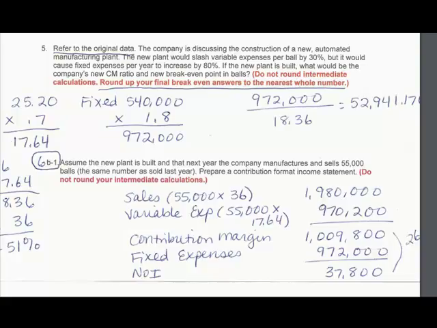So what I've done over here on the left is I'm going back to my original variable expense per unit of 2520. This amount is going to be decreased by 30%.